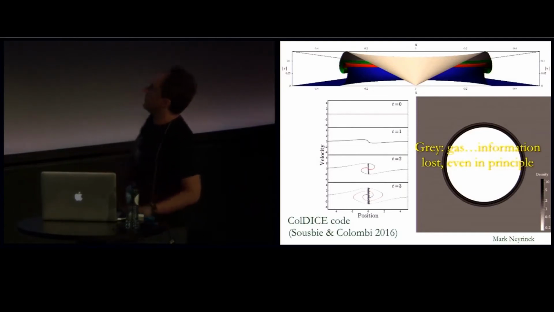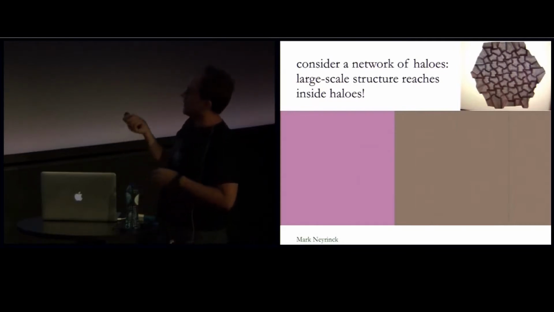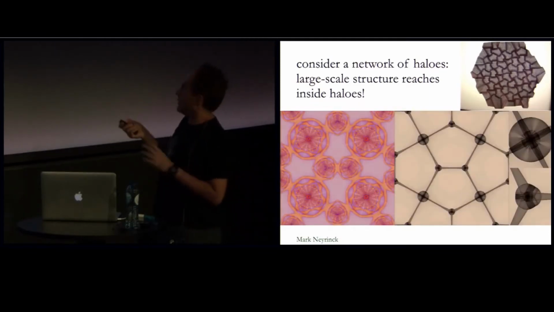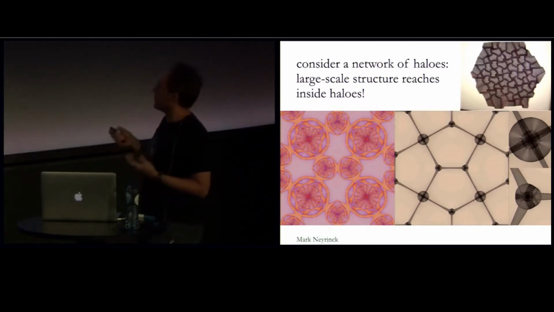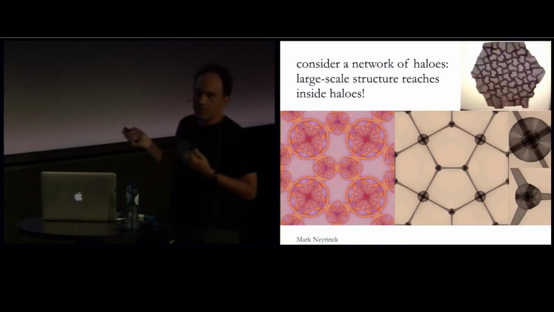Okay, I'm just going to show a few movies of idealized universes. This is a set of nodes, sort of halos, in a two-dimensional universe laid out on a regular grid. One thing that's cool about this is that you can see that the structures of each of these nodes are different.